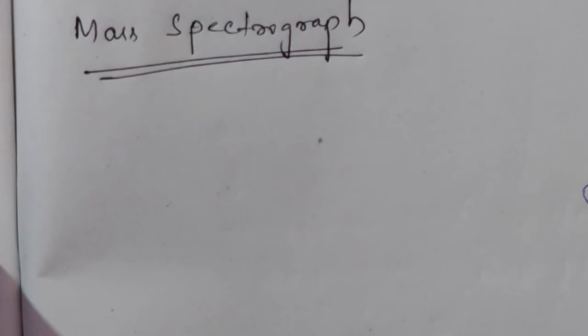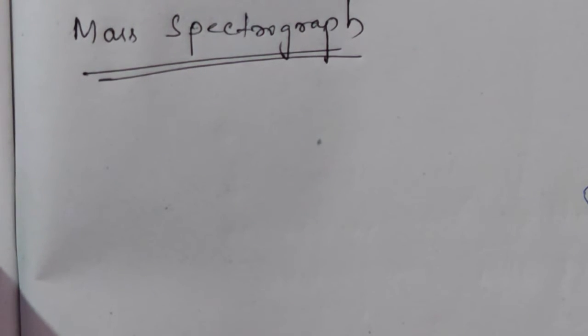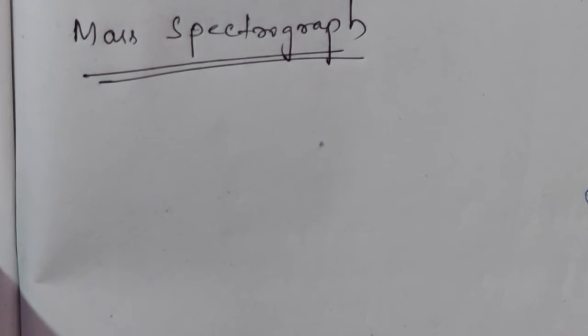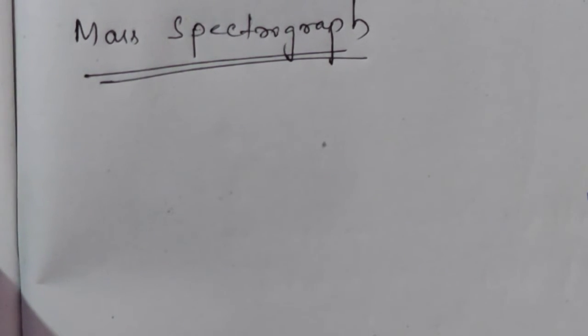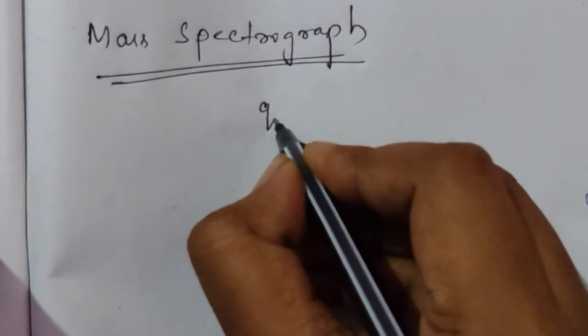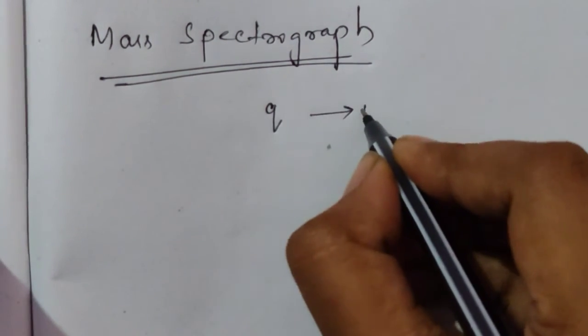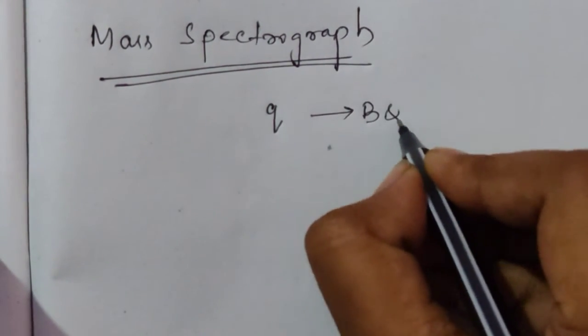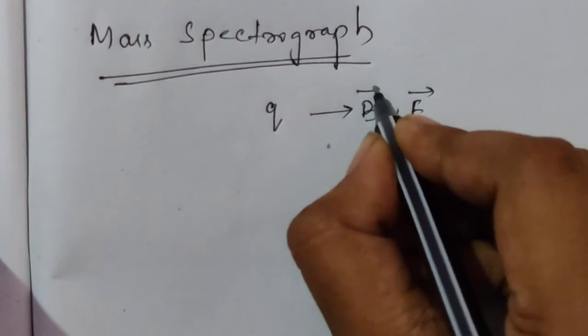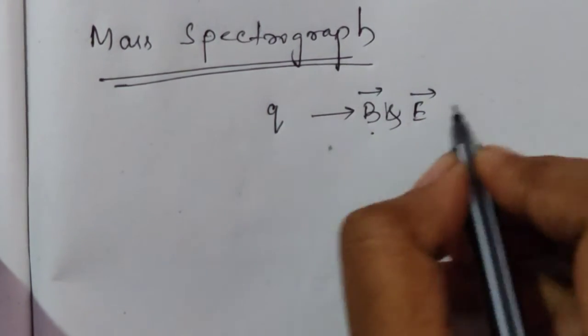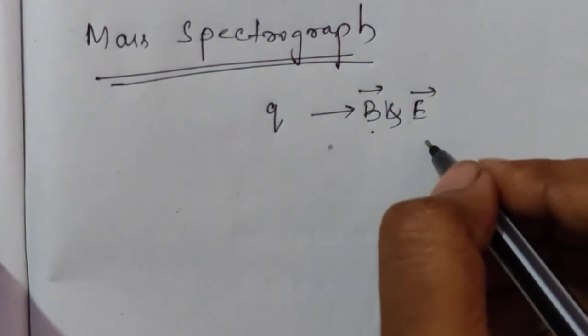In this method, the radius of the trajectory is proportional to the mass of a charged particle. Now suppose a charged particle Q is moving in a uniform magnetic field as well as in a uniform electric field. Magnetic field is denoted by B vector, electric field is denoted by E vector.